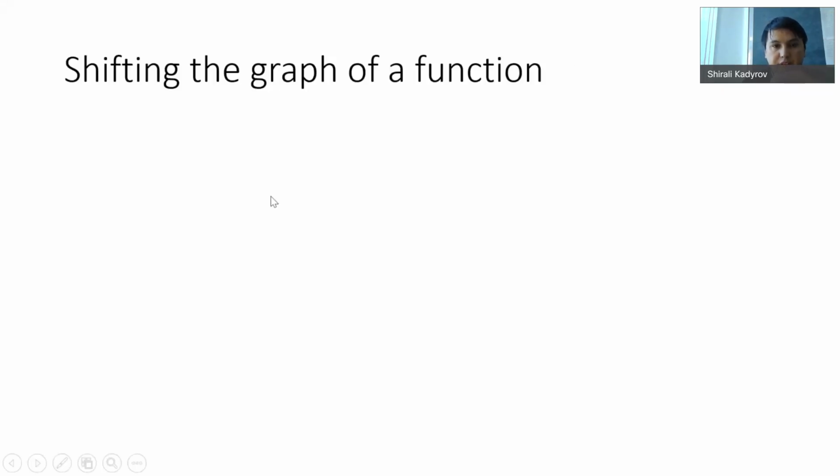Okay, so then our next objective: shifting the graph of a function, right? So let's say that you have some graph. You want to shift it to the left or shift it to the right, or you want to shift up or shift down. And how can this be seen in the function?